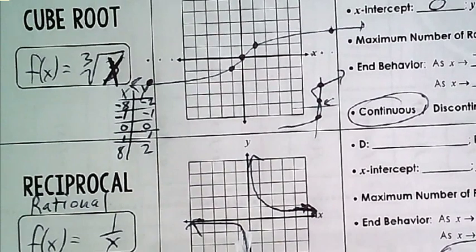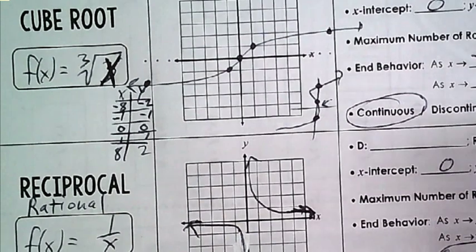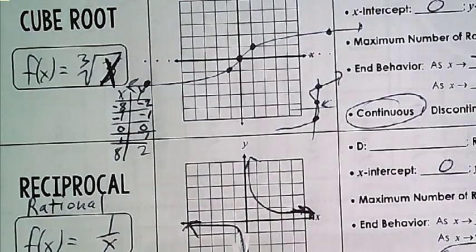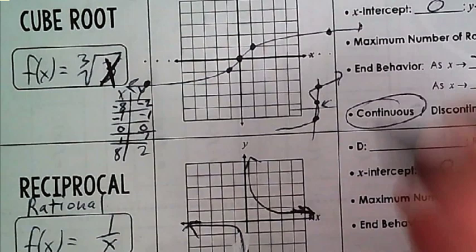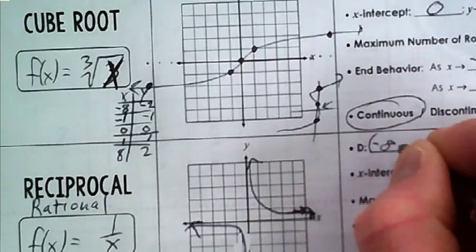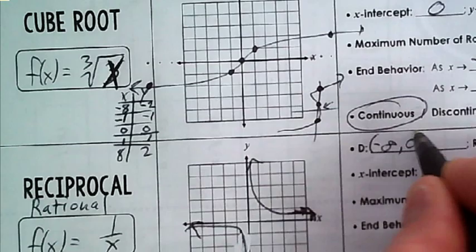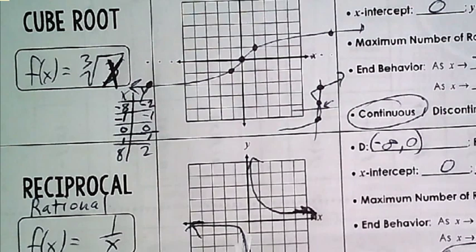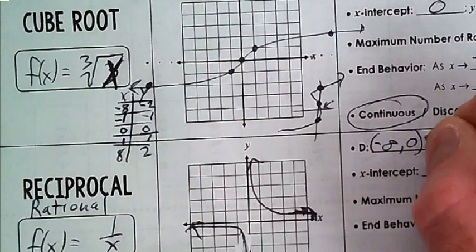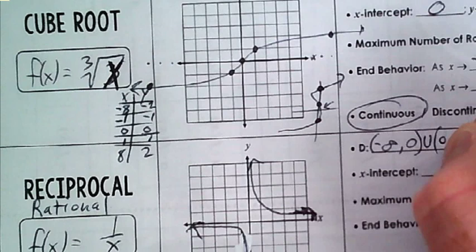Okay, again, there is no x-intercept and y-intercept for the parent. Okay, the domain is going to have a break in it. It's going to go from negative infinity to 0, but you need to use parentheses because it's not including it, union 0 to infinity.